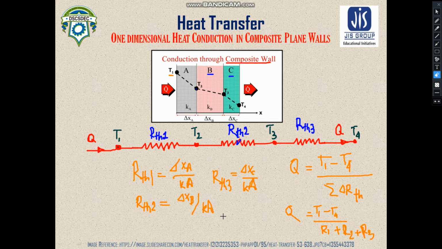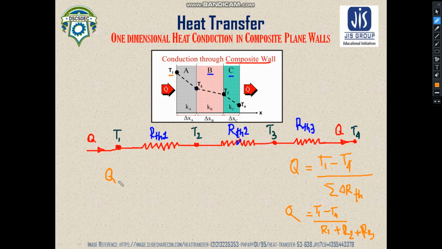Now if you find that there are n number of walls, then what would you do? How can you write this equation? You will simply write T1 minus T n plus 1 divided by the summation of R TH n, n equal to 1 to n.